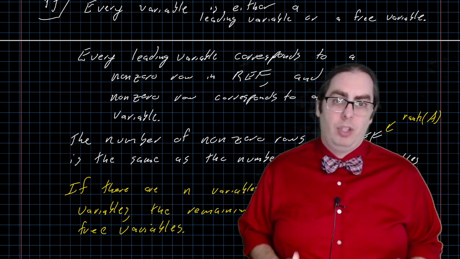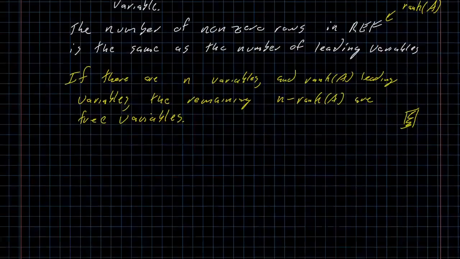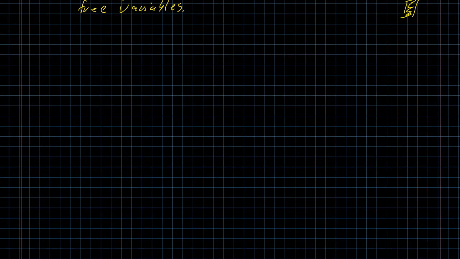There's a really nice conclusion that we can get to from this theorem. I'm going to call it a corollary. A corollary is a result that follows very naturally from a theorem and doesn't take that much more thought to try to write out.